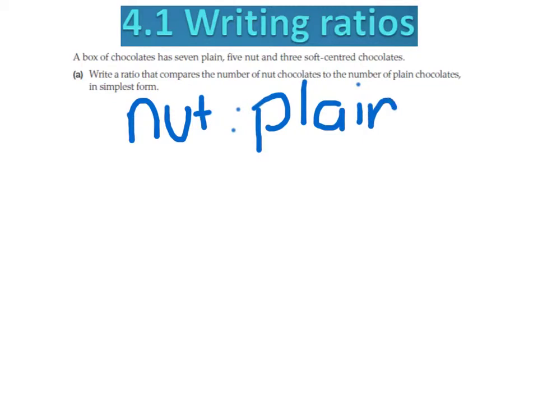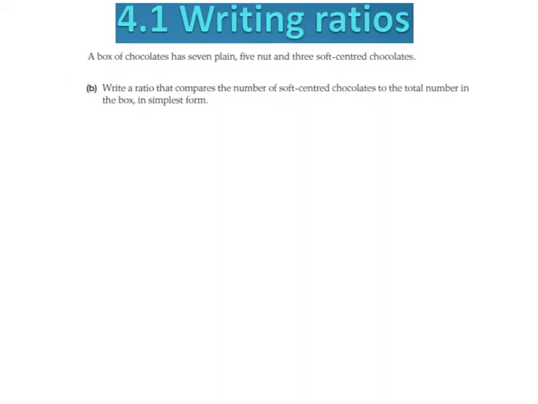This just makes it a bit easier for us to follow. From the information above, we have 5 nut chocolates and 7 plain chocolates. As they are both prime numbers, we can't simplify them any further, so that's the end of that question.